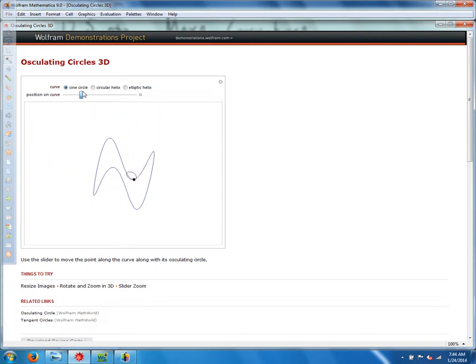It changes not only in radius, but its orientation changes. So the orientation of the circle of curvature changes as we go around this curve. So the curvature changes and the orientation.